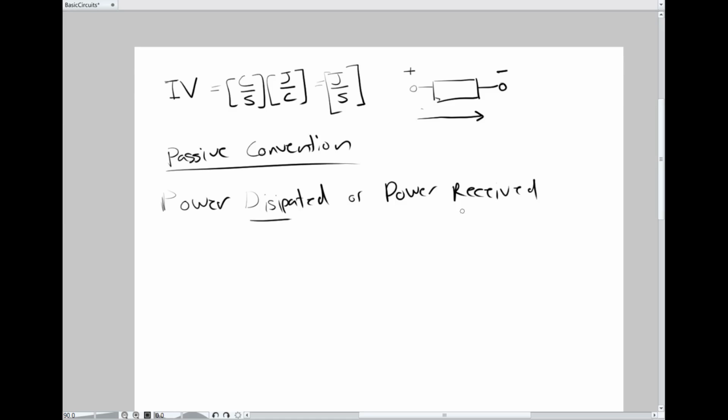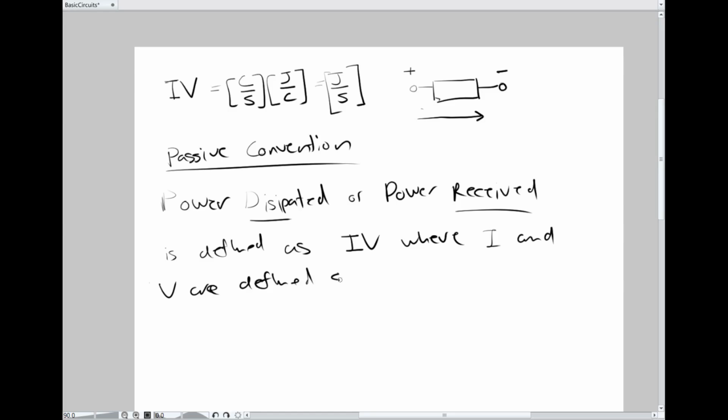So dissipated or received is defined as IV, where I'm mixing up my capitalized and lowercase i's just because it's DC, where I and V are defined such that current follows voltage drop, such that the current goes from the plus to the minus. And that's all that means.